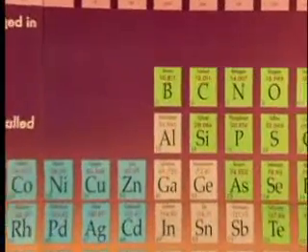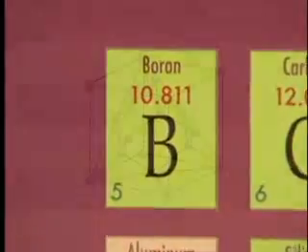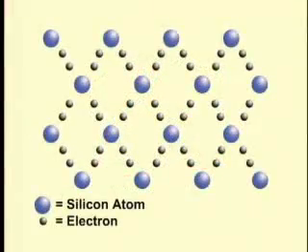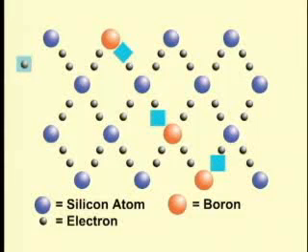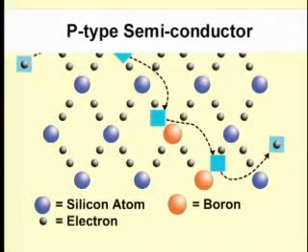On the other hand, if boron, an element with 3 valence electrons, is added to silicon, there's a hole in the lattice where each missing electron would be. And once again, electricity can flow through the material, but in the opposite direction. This is called a P for positive semiconductor.